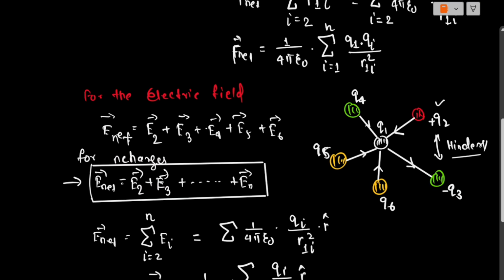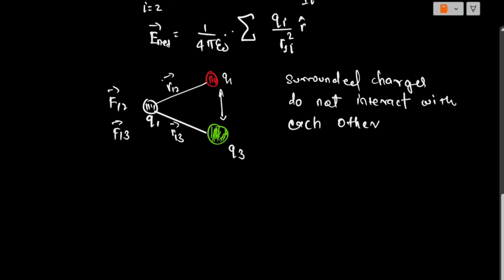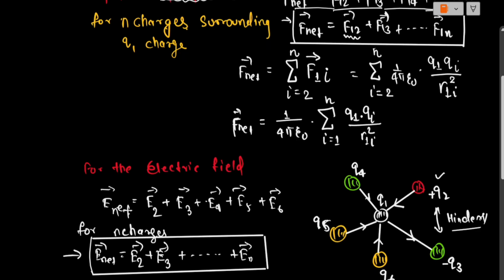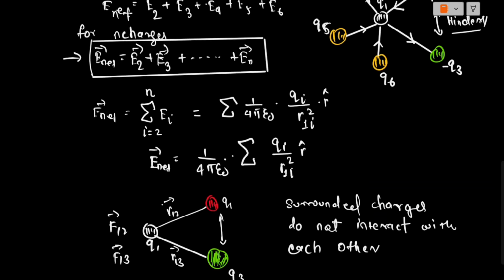It is very important that the forces should only be added individually, and what we have written here is f12, f13 and f1n. These are all just individual forces. This f13 is also individual, as well as the electric fields e2, e3 and en. These are all just individual electric fields, right?